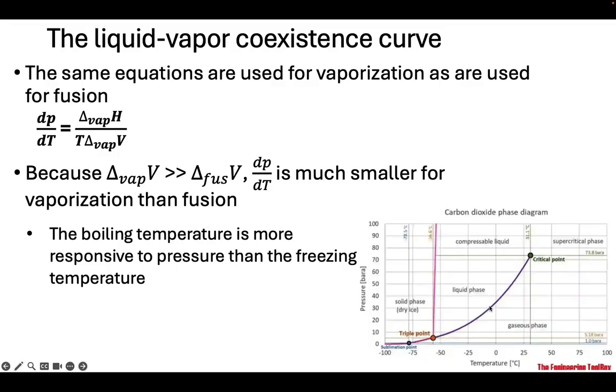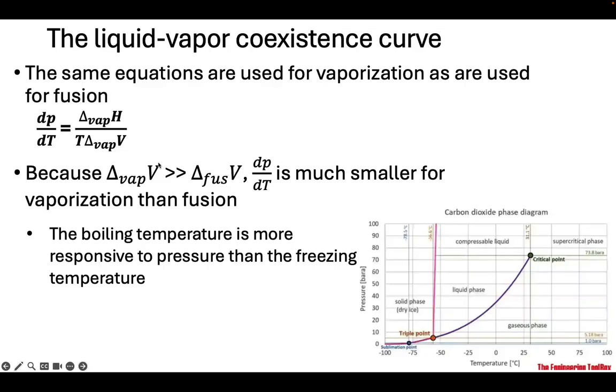So we're looking at this curve here, say, at the triple point. You can see the slope here is much less than the slope for the solid liquid. The solid liquid slope here is much steeper than it is for the liquid gas. That just comes because the change in volume is so much larger.